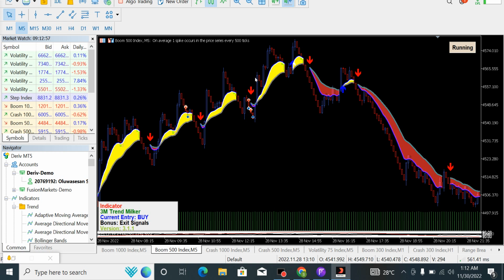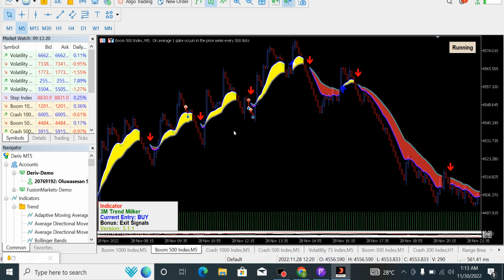Okay, so many of my subscribers have found this trading tool very useful to them because they've been able to make consistent profit from the platform, and they've been able to withdraw money from the platform right from here.